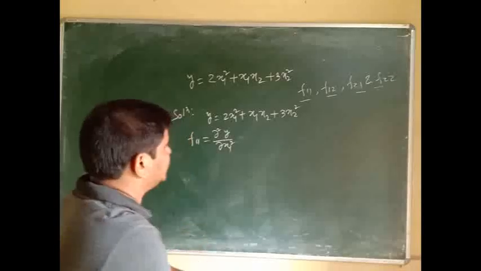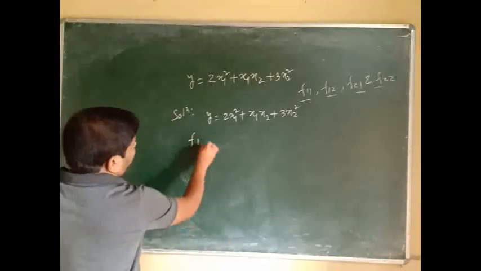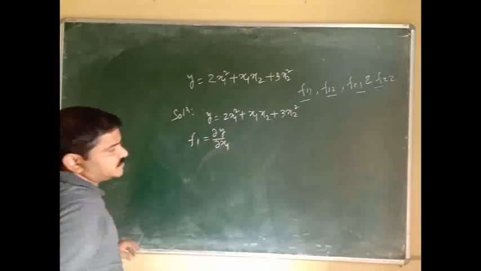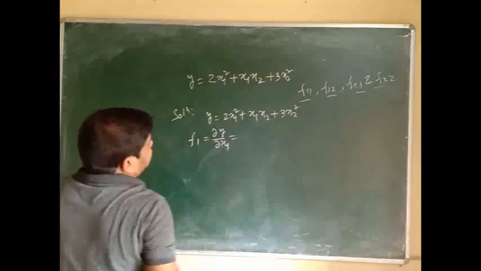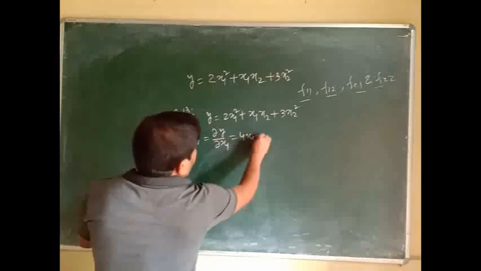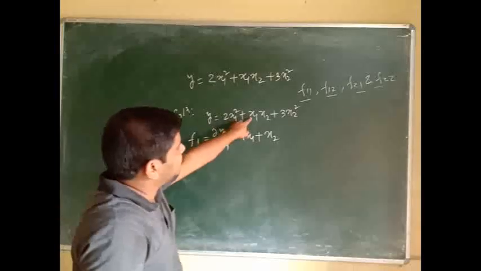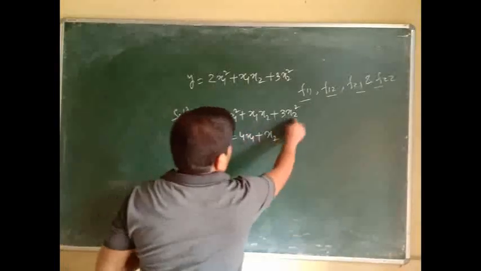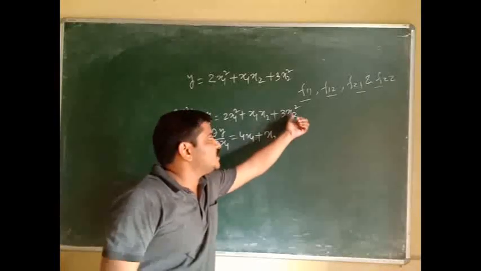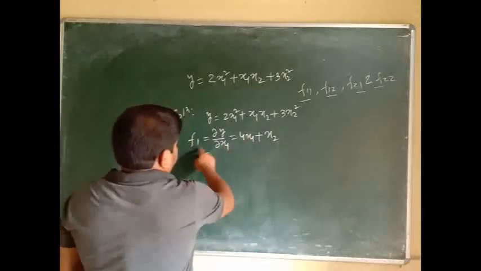So first we have to find out f1. f1 is nothing but del y by del x1, that is the first order partial derivative. So as you know, with respect to x1 it will be 4x1 plus, it is in multiplication form, so we are taking only x2, and del x1 by del x1 will be 1, and this last part will be 0 because it is an additive constant. So 3 and x2 are constant with respect to x1, that part will vanish. So that is our f1.